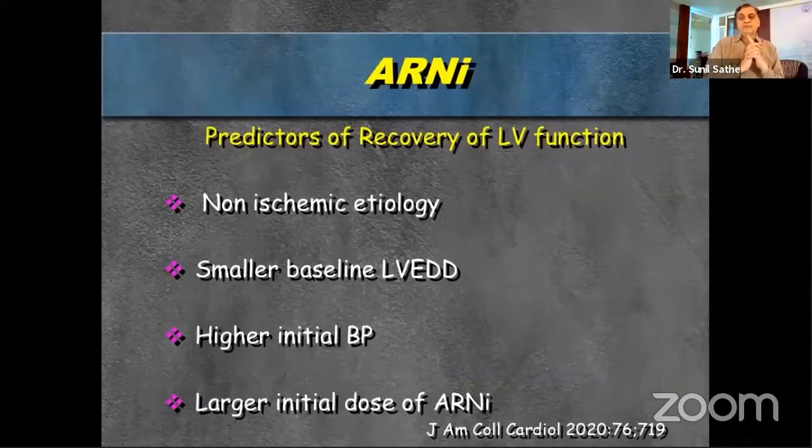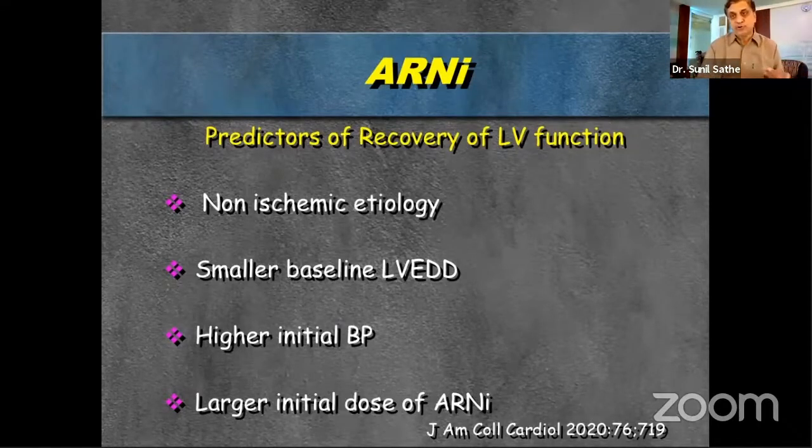Now, predictors of LV function, remember this. ARNI perhaps is the only drug which really made a clinical impact on patients' heart failure. Number 1, it remodeled the LV and improved ejection fraction. Similarly, beta blockers showed improvement in LV function. SGLT2 inhibitors, there are a lot of papers and new trials going on for LV function.